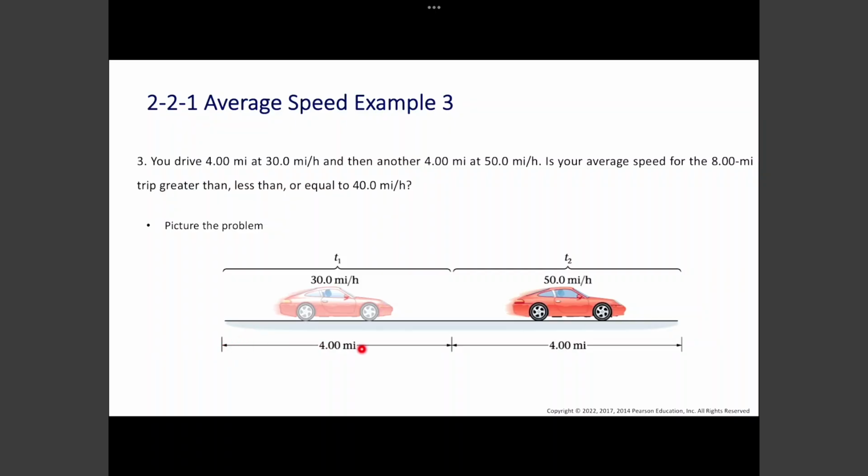So for the first 4.00 miles, the speed is 30.0, and for the second 4.00 miles, the speed is 50.0 miles per hour. So we need to find the average speed of this trip of 8 miles. Now how do we find the answer?